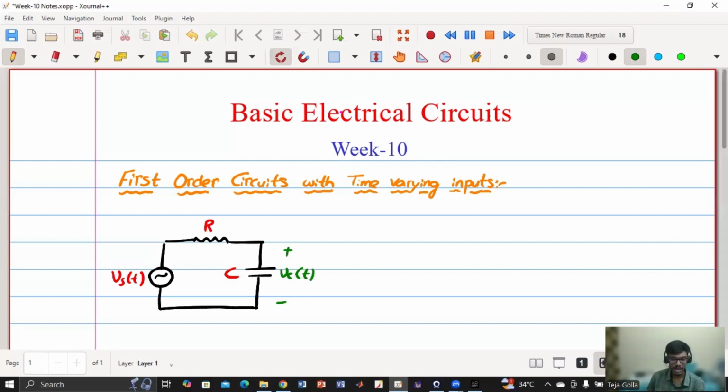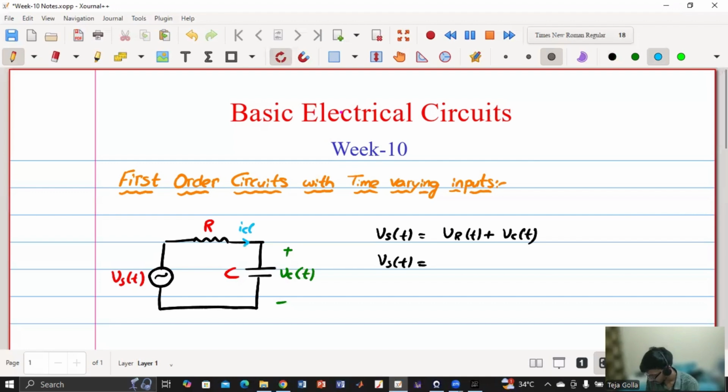First of all, let us write the differential equation that we know. Vs of t is equal to Vr of t plus Vc of t. Vr is IR, where the current Ic of t is flowing, so Vs of t is Ic of t into R plus Vc of t.